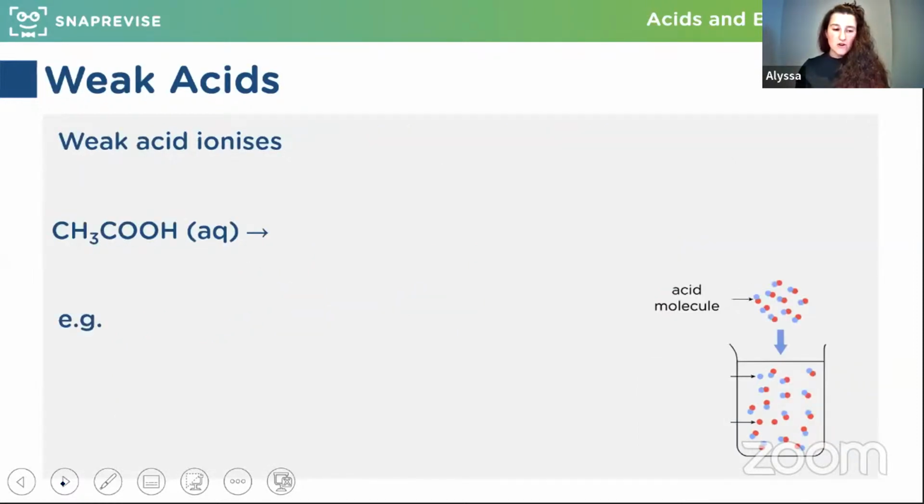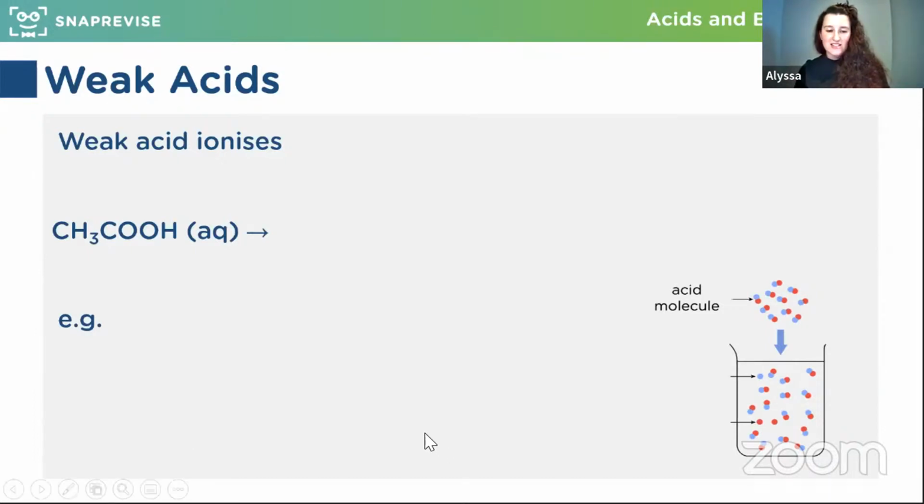Okay, so let's have a look at weak acids. A strong acid completely dissociates. What's the difference with a weak acid? It still has to act as an acid. So what do we mean by a weak acid? Anyone know?